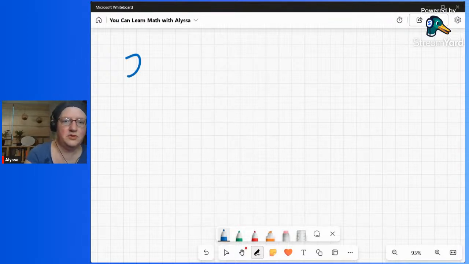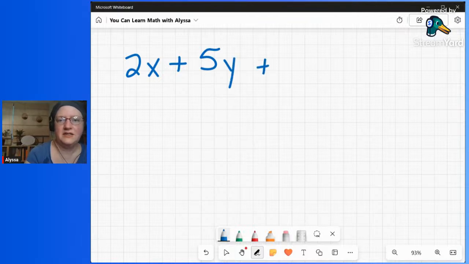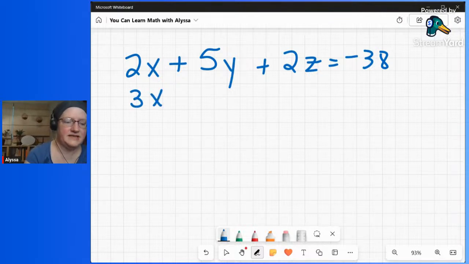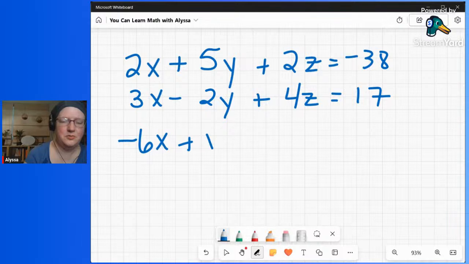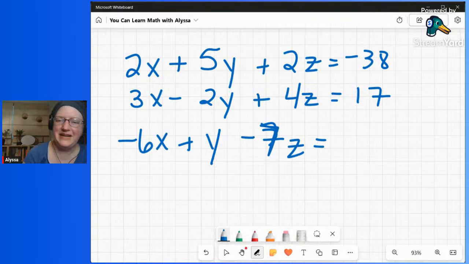Here's an example: 2x plus 5y plus 2z equals negative 38. 3x minus 2y plus 4z equals 17. And then negative 6x plus y minus 7z equals negative 12. My handwriting is getting so bad, I'm sorry about that.